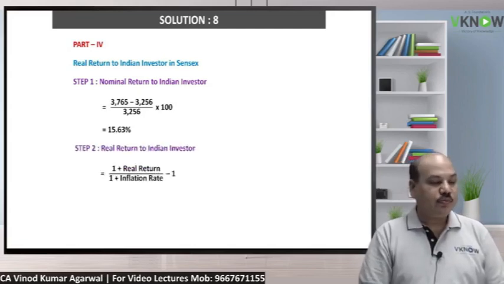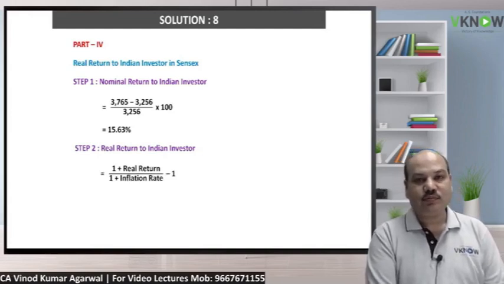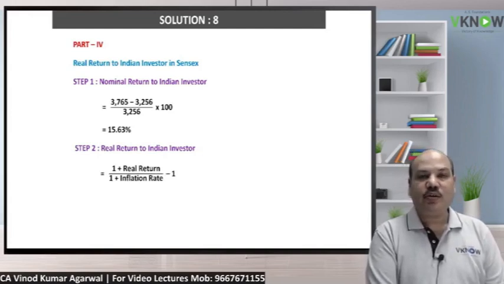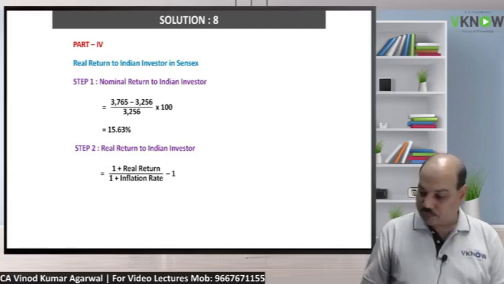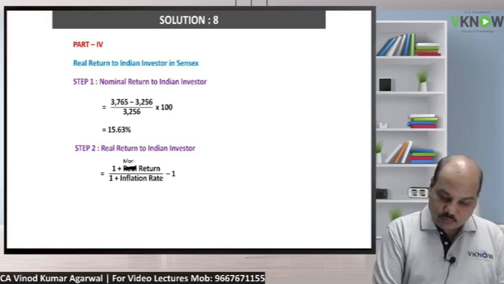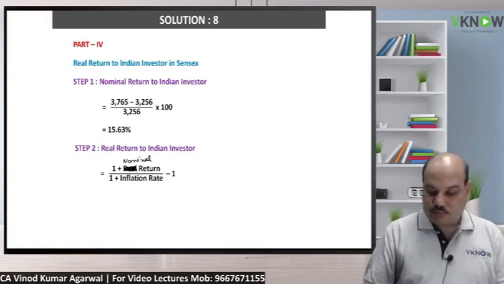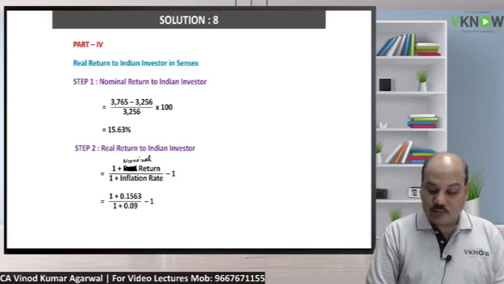And then step 2 is real return to Indian investor. Real return to the Indian investor. The formula is 1 plus nominal return upon 1 plus inflation rate minus 1. 1 plus nominal return, 1 plus 0.1563.